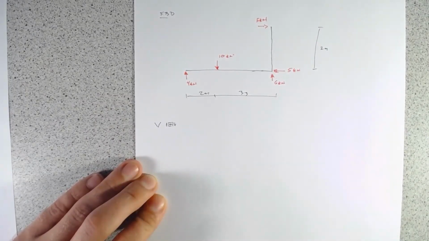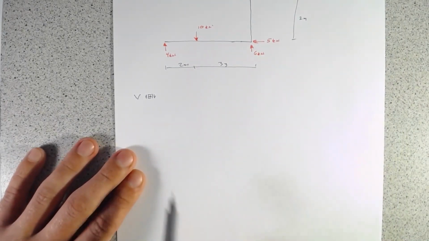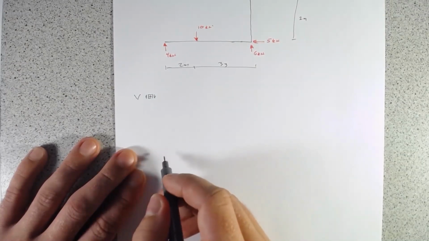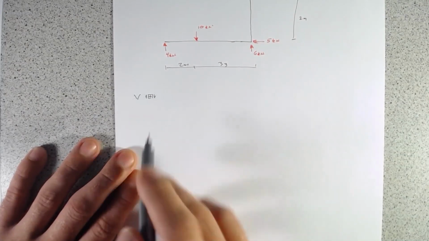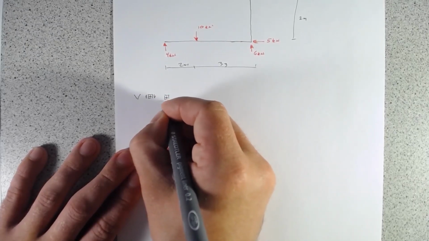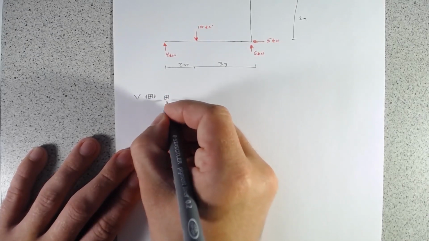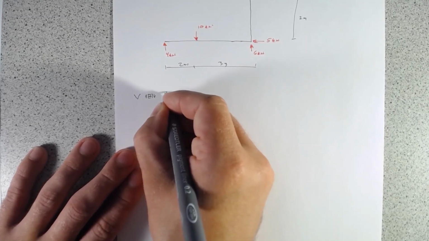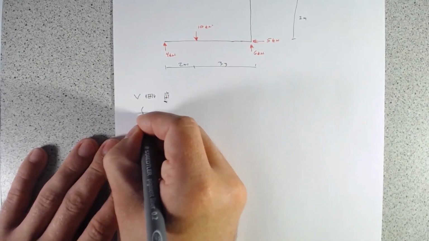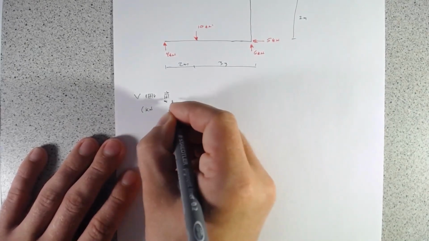And I'll just draw the sign convention here. So positive is that the shear force makes the element spin in the clockwise direction. So if it's a beam, it looks like that, but again, same sort of clockwise bit. If it's a vertical element, it'll be in this direction, and the units are kilonewtons.